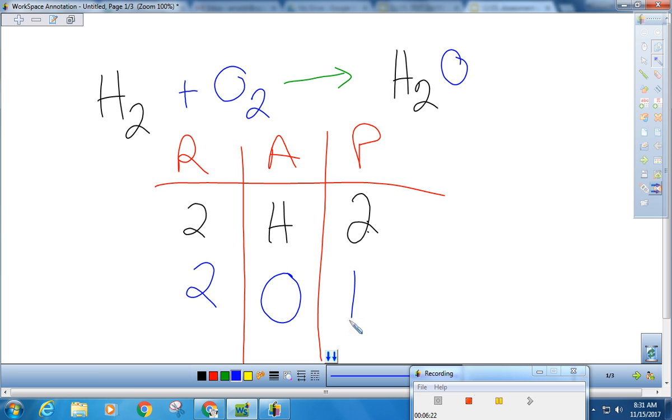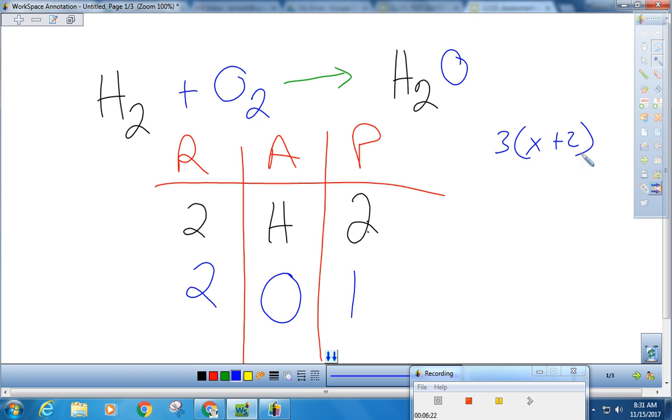So, Mr. Arnold, how do we make this happen? We have to add what are called coefficients. Coefficients are big numbers that go out in front of our atoms or our elements, okay? If I put a 3 in front of a parentheses, what do I have to do to that whole system?